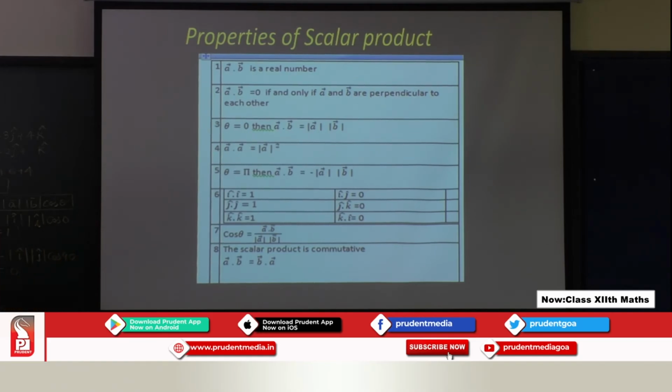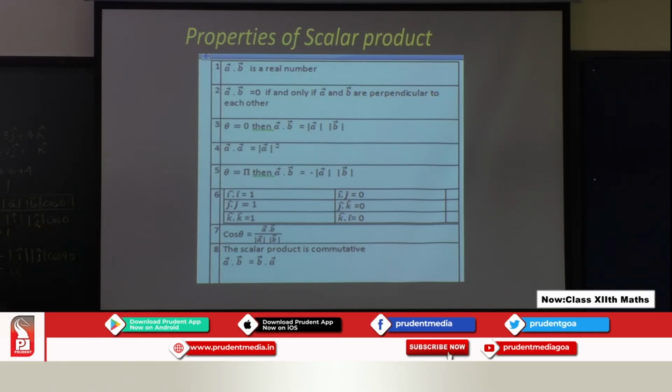So vector A is here and B is here. If they are perpendicular, it is cos 90, and cos 90 is 0. That's why when two vectors are perpendicular, the dot product is 0.